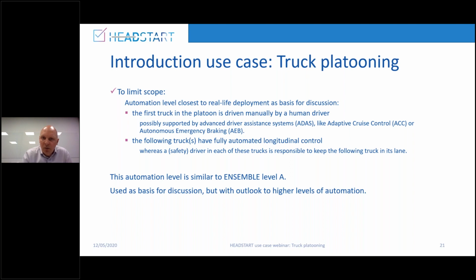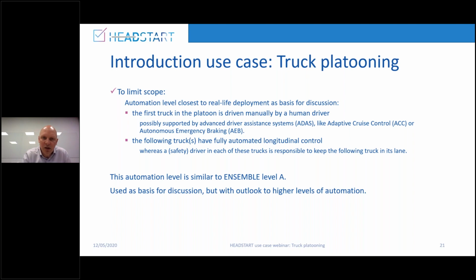About truck platooning, to limit the scope for the moment, we assume an automation level which is currently closest to real-life deployment as a basis for the discussion, where the first truck in a platoon is driven manually by a human driver.